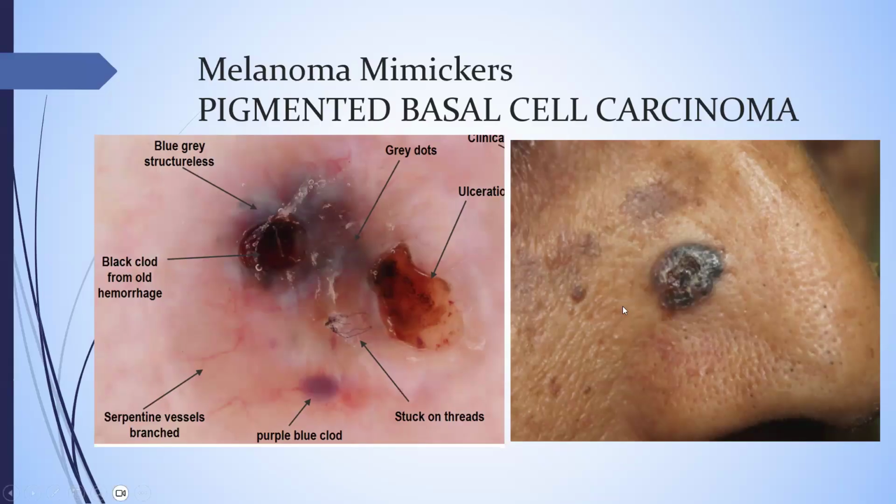In melanoma, you have something called skip lesions, because the malignant, cancerous cells enter the blood vessel and get deposited somewhere. So it is very important for me to say whether it is a basal cell cancer or a malignant melanoma.